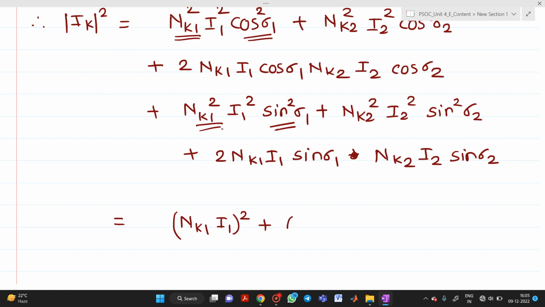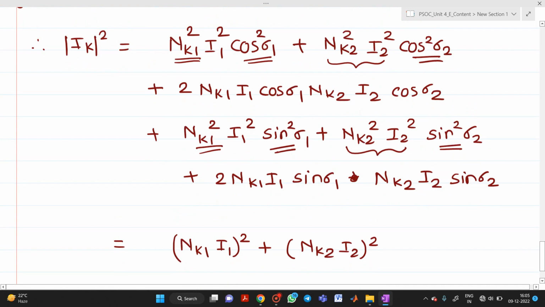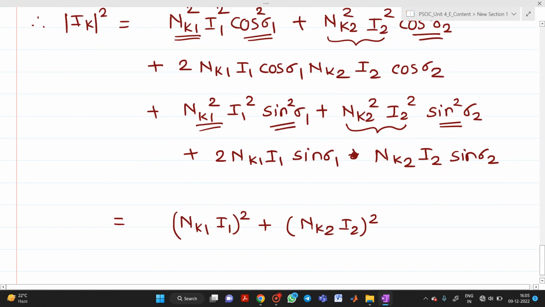Similarly, I will get nk2 into I2 square, because this is cos square sigma 2 and this is sine square sigma 2, which equals 1. So the remaining term is nk2 square I2 square, which we can take as nk2 I2 bracket square.